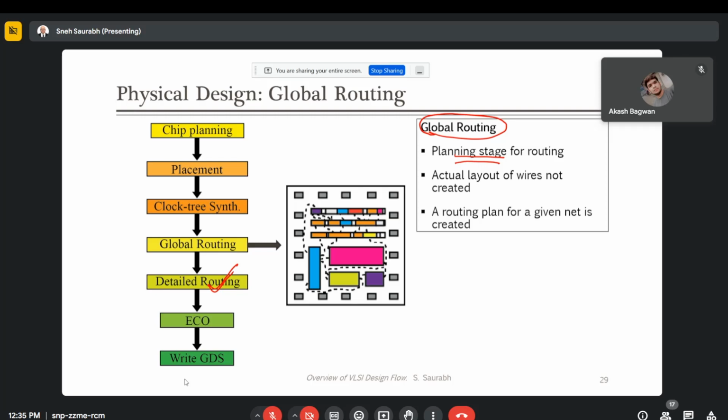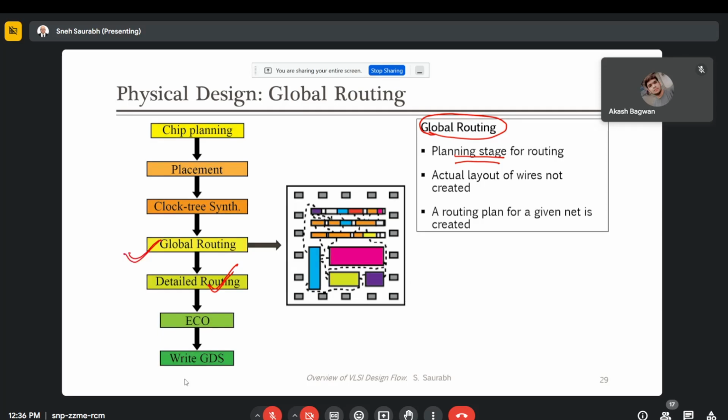For example, consider that we want to find a path from Delhi to Calcutta. In the first step we are just planning how we want to go: from Delhi we may first go to Lucknow, from Lucknow to Patna, and from Patna to Calcutta. Maybe this is a route. This plan was created during the global routing phase.